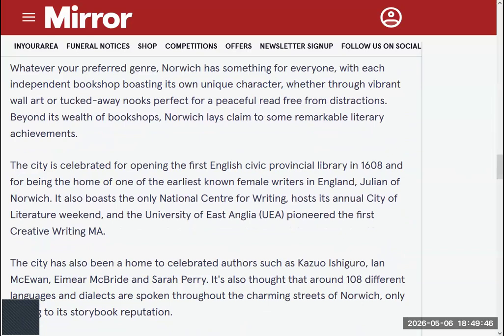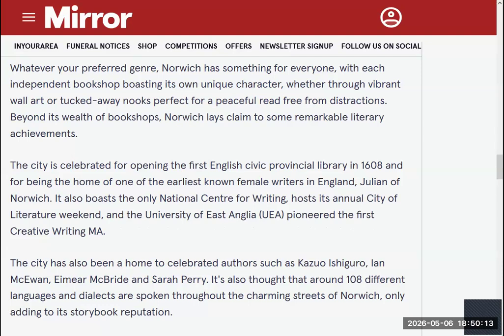Whatever your preferred genre, Norwich has something for everyone, with each independent bookshop boasting its own unique character, whether through vibrant wall art or tucked away nooks perfect for a peaceful read free from distractions.